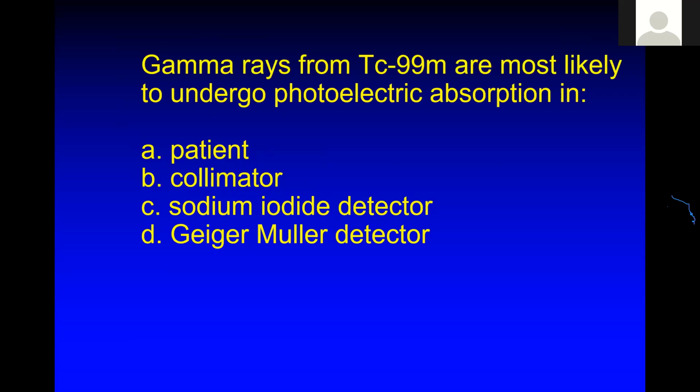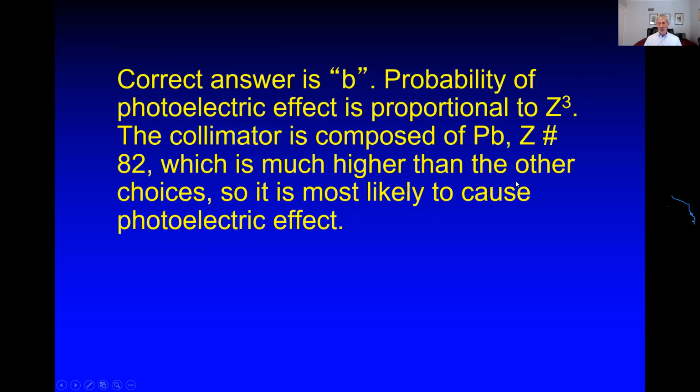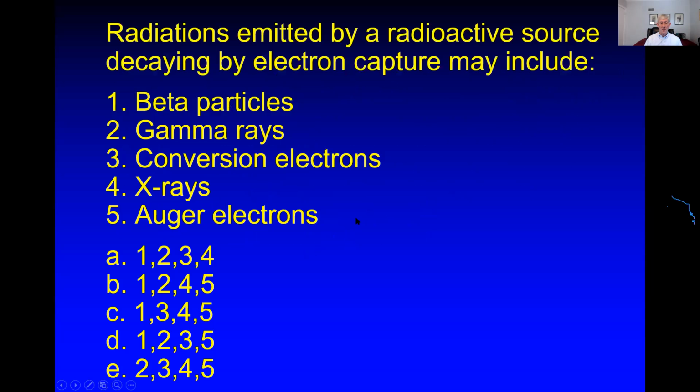B, the lead collimator. Remember we said that it's proportional to density cubed, or more accurately, the Z number cubed. And that lead collimator is much denser than anything else you see on that screen. So certainly the lead collimator, and keep in mind, it's that cubed relationship.